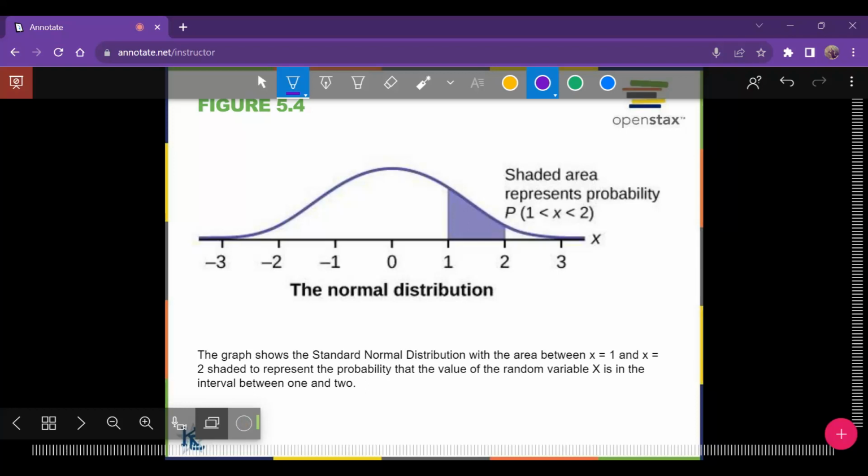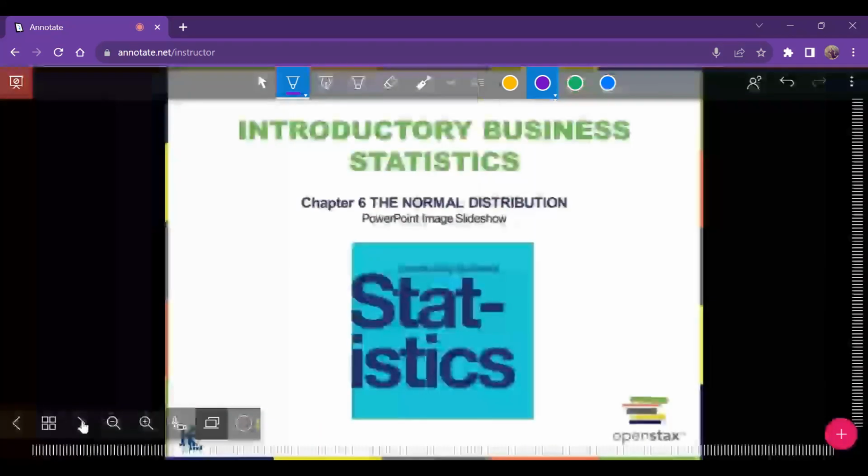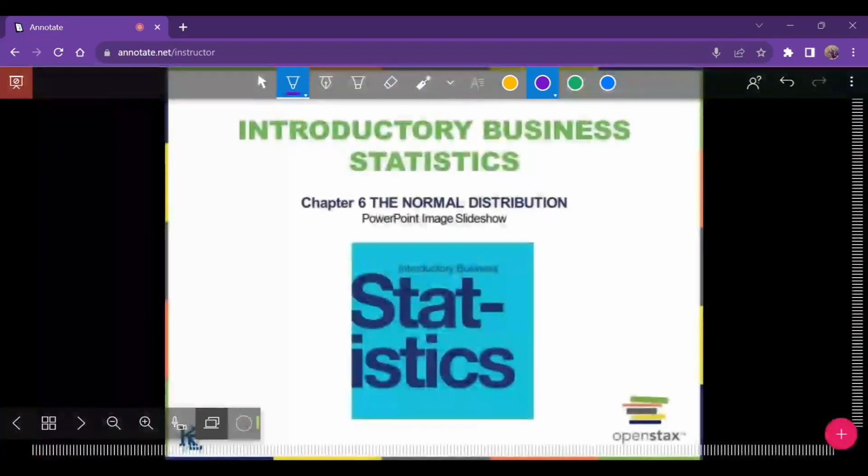So it is our most commonly used continuous function. We will also look at t-student distribution in the future, but for now, the only continuous function we're going to be focused on is normal distribution. So let's move on to the normal distribution.